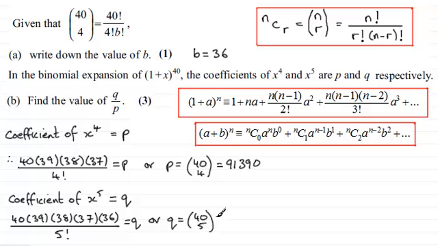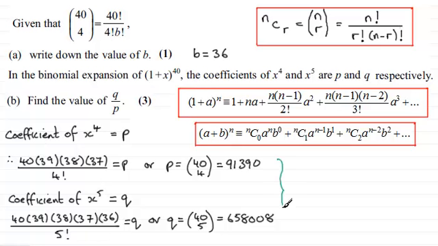Now that's going to work out, whether you use this version or type in the nCr function on your calculator for 40C5, you'll get this equaling 658,008. Okay, so hopefully you'll be able to get those.